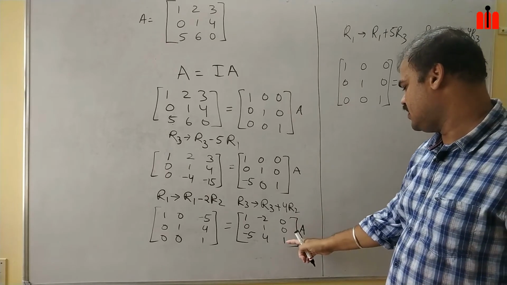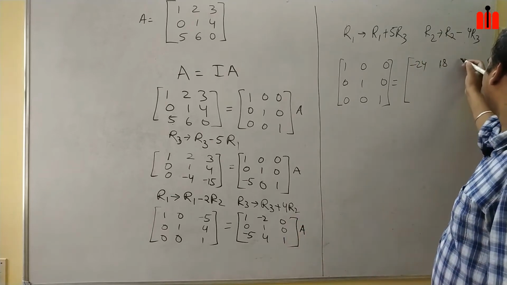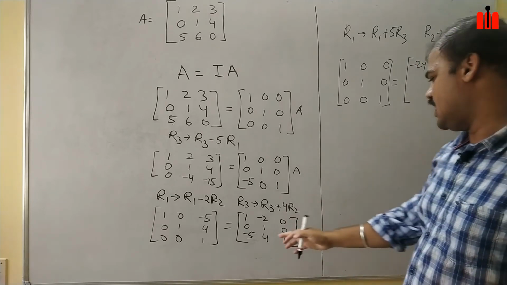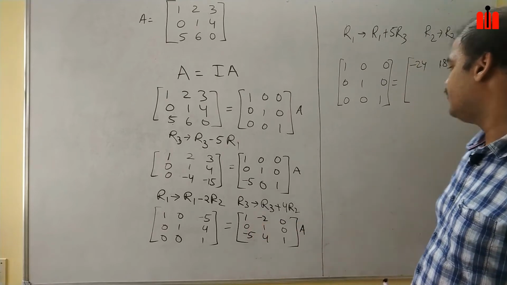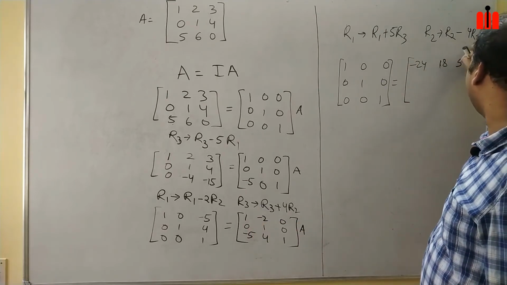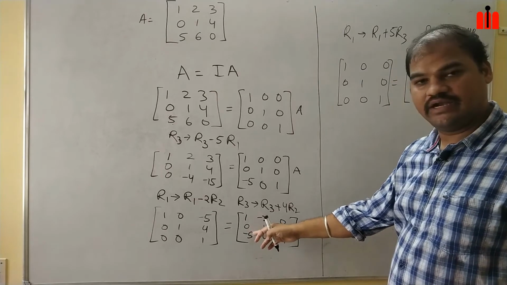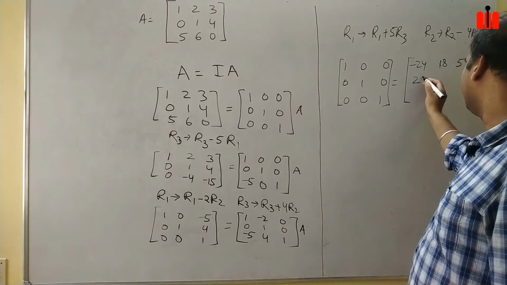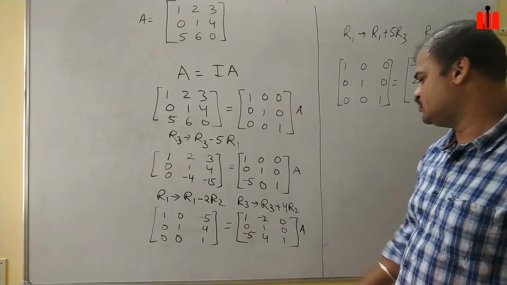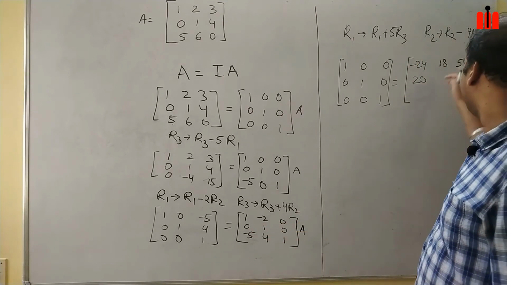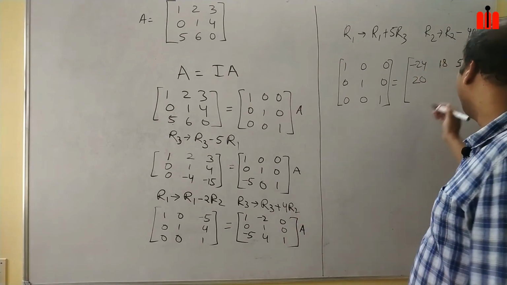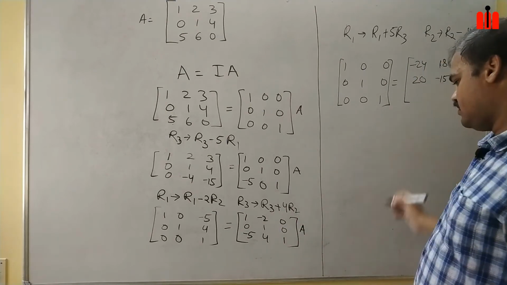Here it is 5 plus 0, 5. After that minus 5. After that R2 minus 4 R3. So minus 4 into R3. So 4 into 5, 20 and minus it will become 20. It was minus 20. So 0 minus minus 20, 20. After that it is 16. 1 minus 16, minus 15.